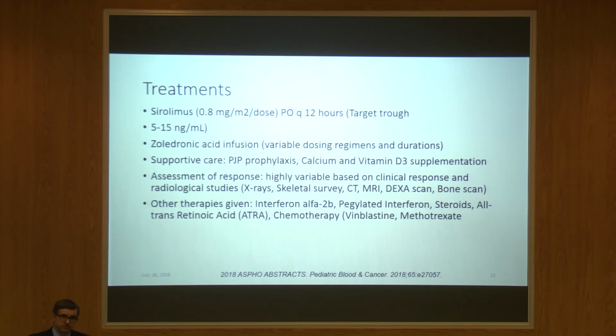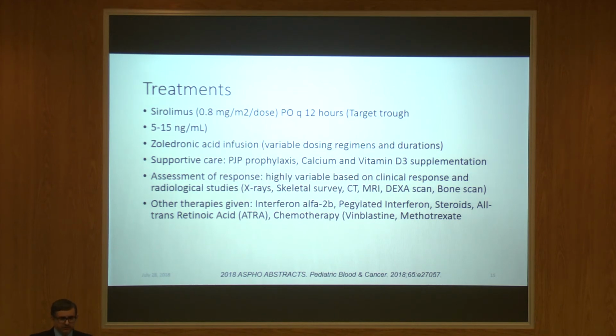There were patients who received 1 or 2 doses, and there are patients who received many doses and continue to receive it in combination with sirolimus. The dose itself was highly variable, so there was no consistency whatsoever in terms of the zoledronic acid dose or protocol or how long it was given.